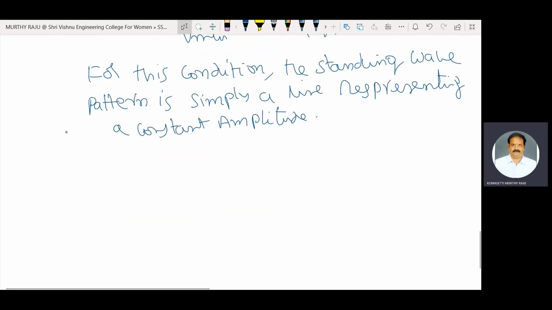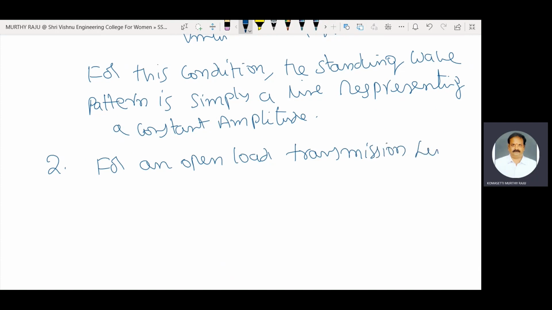Second one is for an open load transmission line, which means ZL is equal to infinity. We know that tau L is equal to ZL minus Z0 by ZL plus Z0.